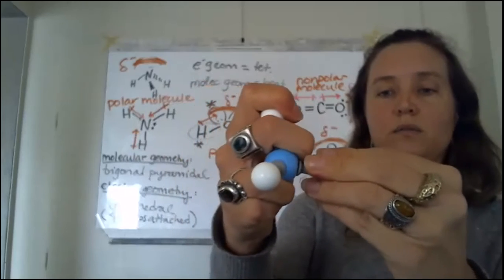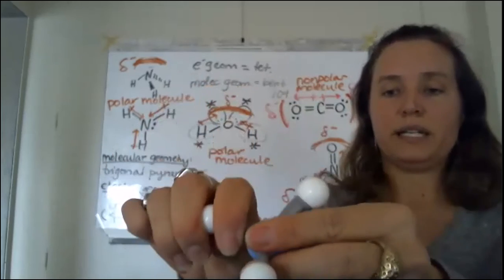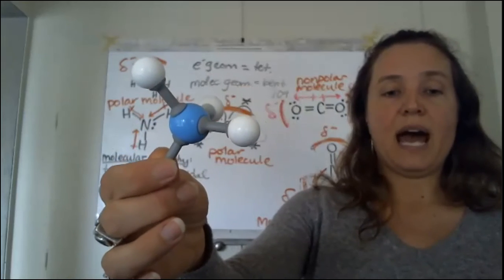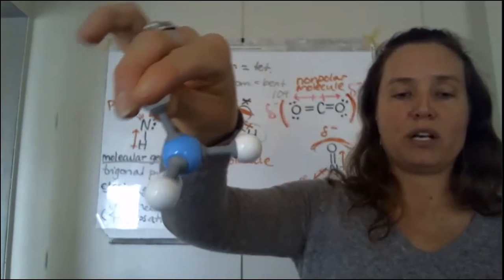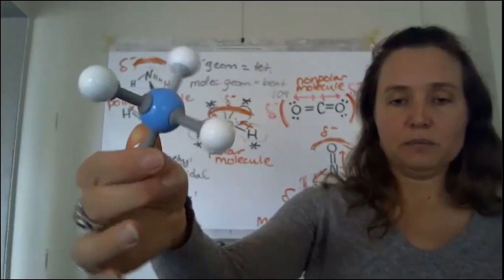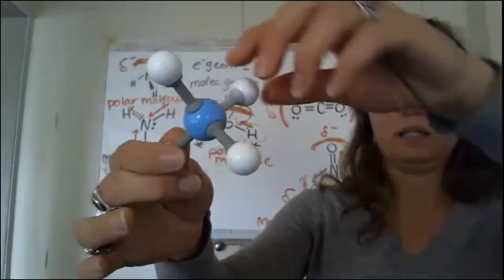So now, do these polar vectors cancel? Is there one side of the molecule that has more electron density than another side? No. All of them are now going at the same spot, so they're canceling out.